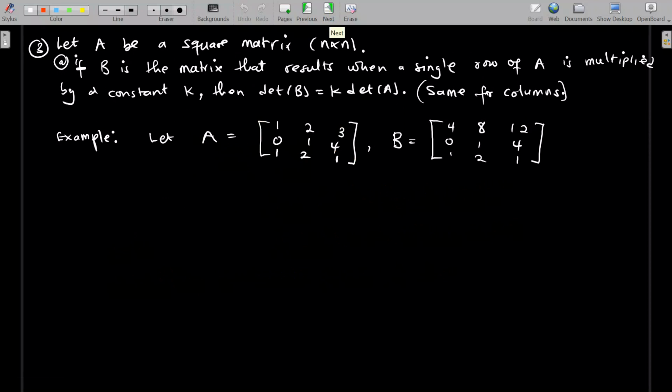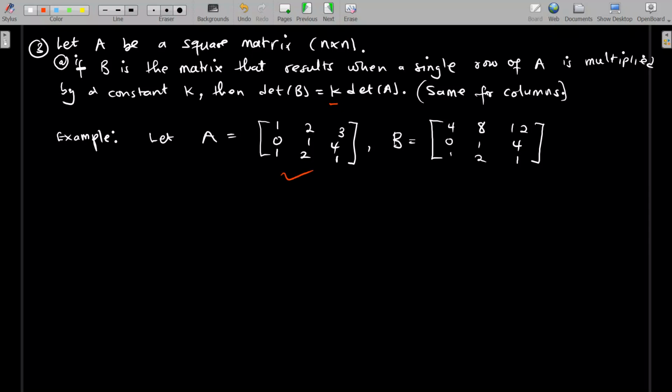Now if you have a square matrix n by n, then I'm going to talk about three things. If B is the matrix that results when a single row of A is multiplied by a constant k, then the determinant of B is equal to k, the constant, times the determinant of A. What this means is that I have this matrix A here.